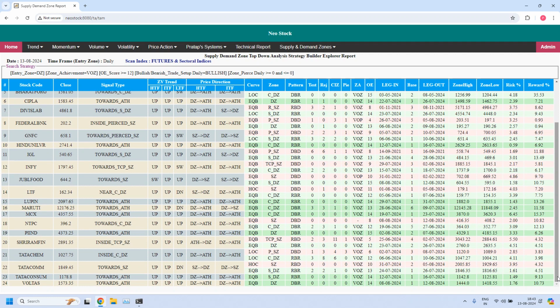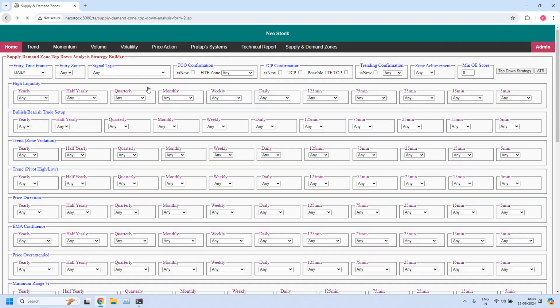Now we will verify out of these 24 stocks, how many of the zones are having confluence with the ITF time frame. Here LTF is daily, so ITF is weekly. So let us look for daily and weekly zone confluence for the monthly income trade. So I am going back.